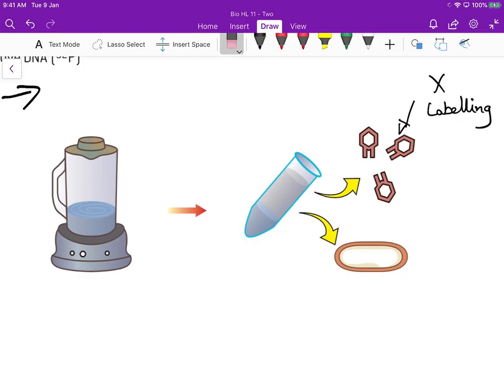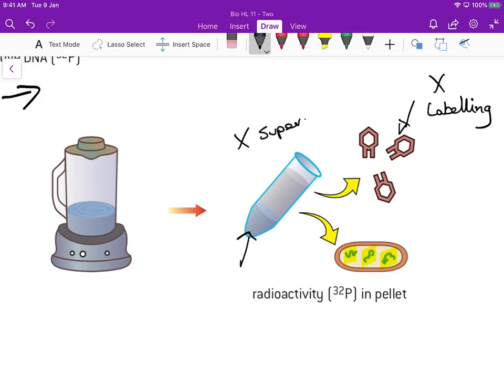They were not radioactively labelled. But down into the bacteria, they then found that there was radioactivity labelled, so I'll just highlight it as yellow. The radioactivity had gone into the bacteria, and it was in the pellet at the bottom, but it was not in the supernatant.